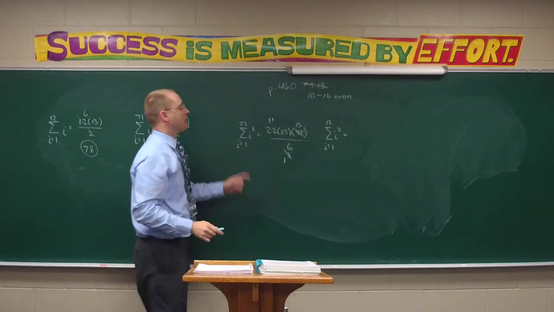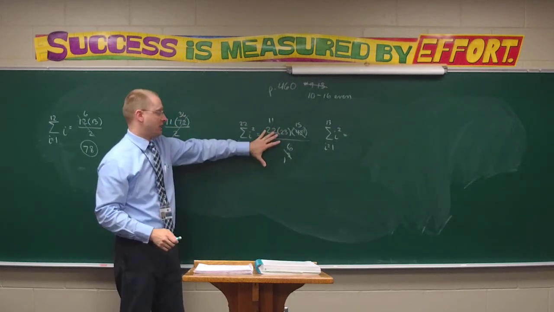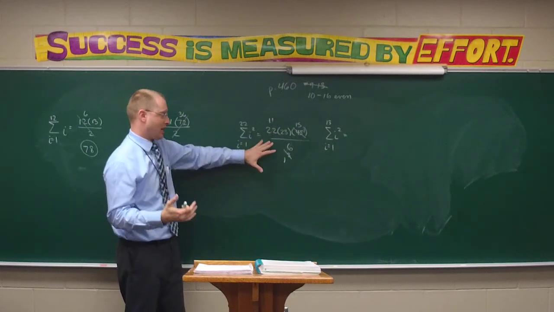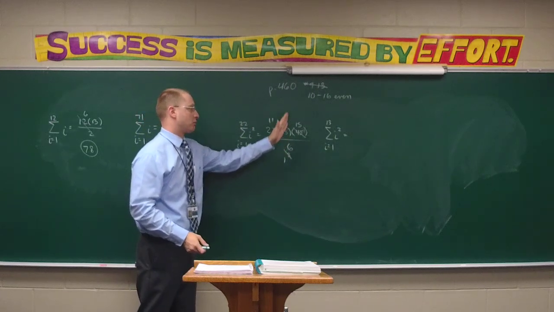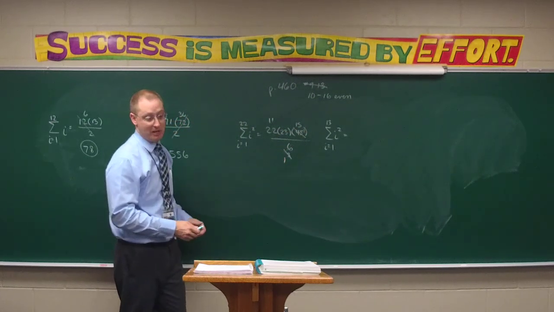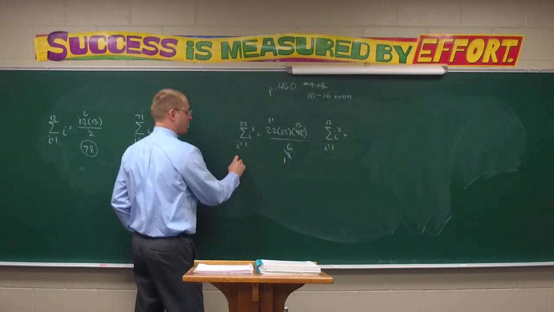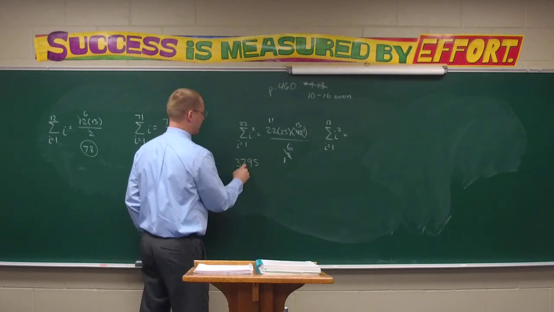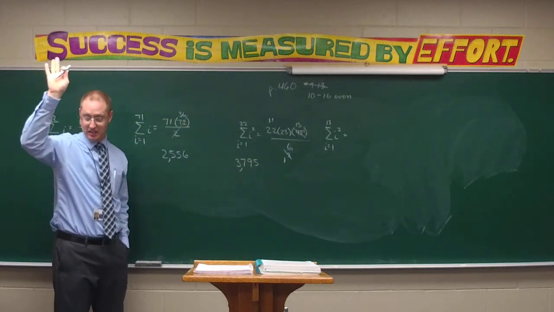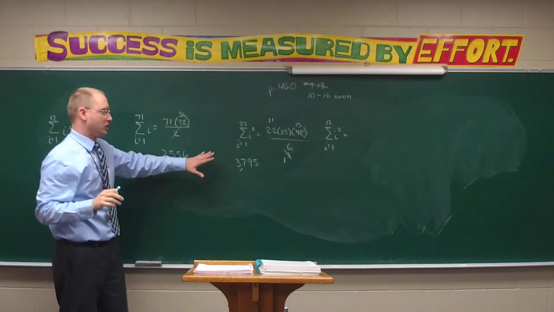Now again, for me, this is quick and easy. If you say, I just don't see those things that quick, there is no problem with 22 times 23 times 45 all divided by 6. Get the same answer either way, and it's a big number. And it is, class? 3,795. How many had that? All right, again, only cancel if it's easier for you.